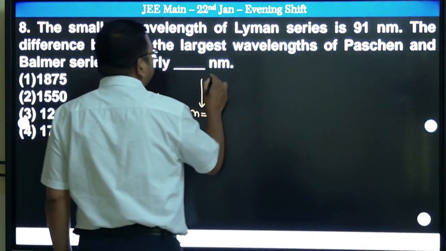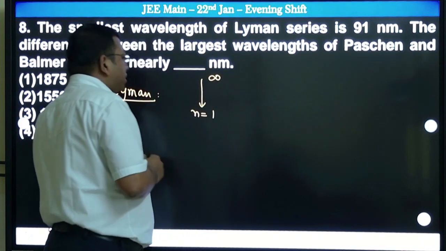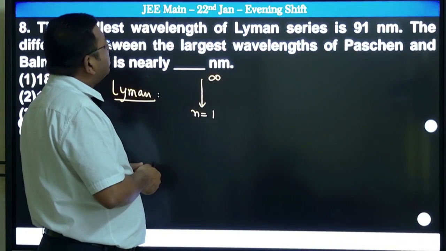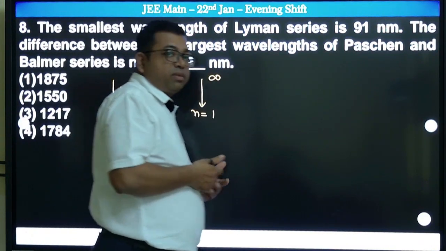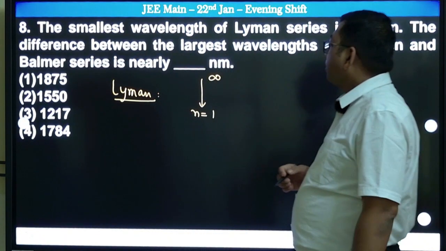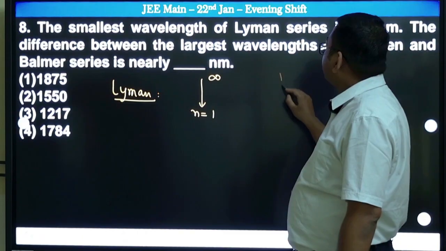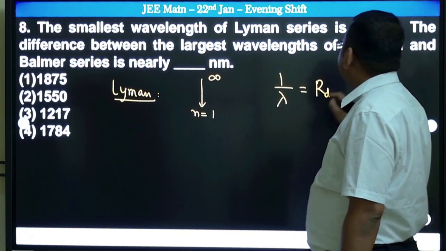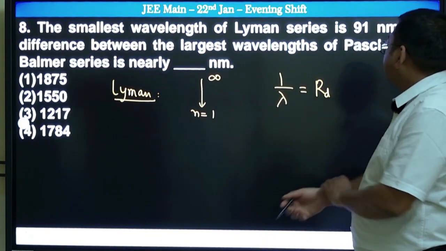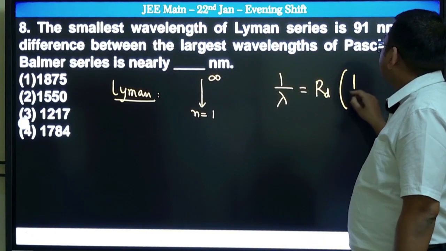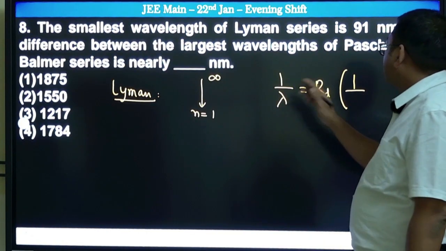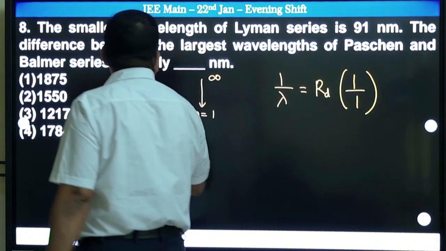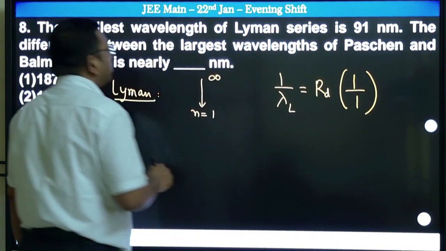For that you have to consider the electron coming from infinity, right? So this wavelength only they are asking. So we can calculate this wavelength. We can use the Rydberg formula also, right? So using the Rydberg formula, 1 by lambda is equal to Rydberg constant into 1 by 1 square minus 1 by infinity square, and that infinity term will vanish. So this is 1 by Rydberg constant. This is what it is for the Lyman series they are talking about.